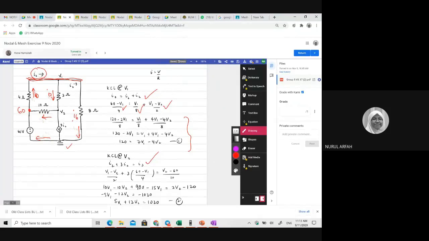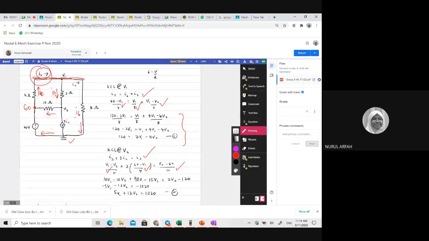Okay, correct. So let's look at the details. V1 minus V2 divided by 2, yes. 3. What is I naught equal to? I naught is coming from this side, right? So meaning 60 minus V1 divided by 4. Okay, correct. And then you have V2 minus 60 over 10.